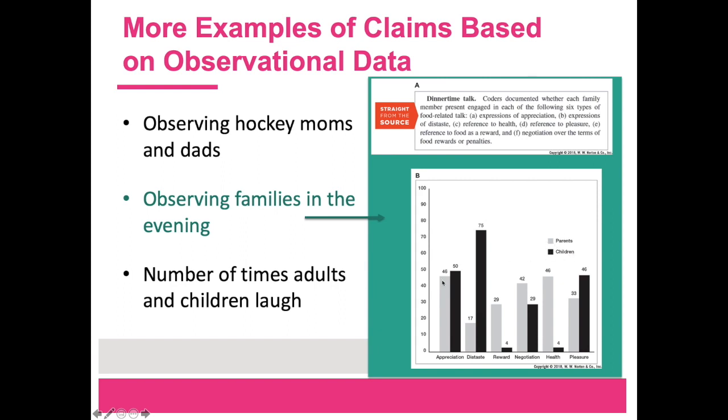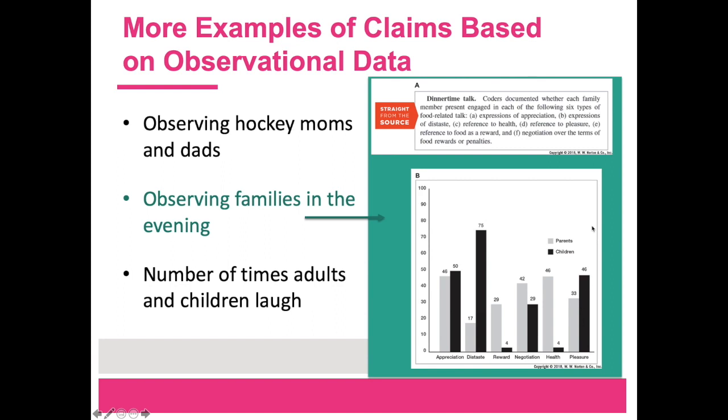The gray are parents, children are the black. For appreciation, they're roughly similar. Distaste, children were far more likely to express that. The reward is far more coming from the parents. Negotiation, a little bit more from the parents. Health, more from the parents. And pleasure, a little bit more from the children.